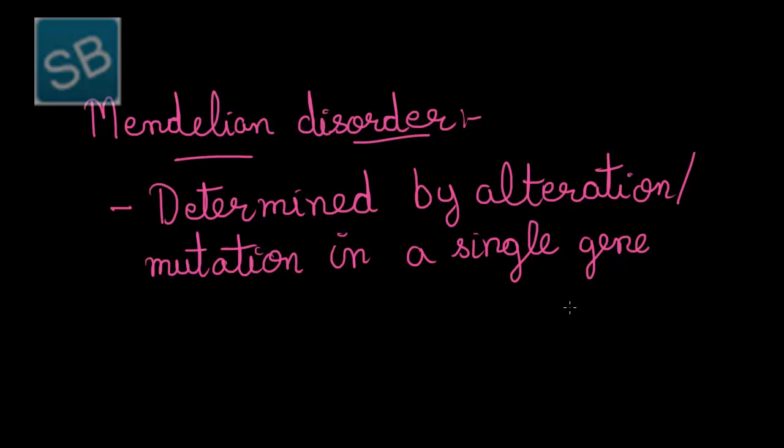Thus, the genetic alteration of only a single gene can be understood and determined, which helps in understanding the Mendelian disorders. There are various types of Mendelian disorders, as I said previously.